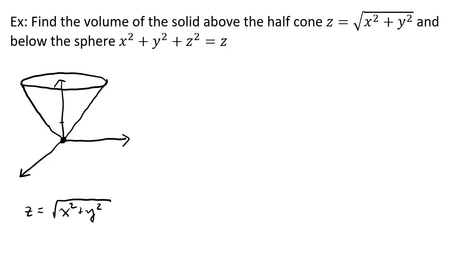Taking a look then at the sphere, we've got x squared plus y squared plus z squared equals z. It would be nice to identify the center and the radius of that sphere.